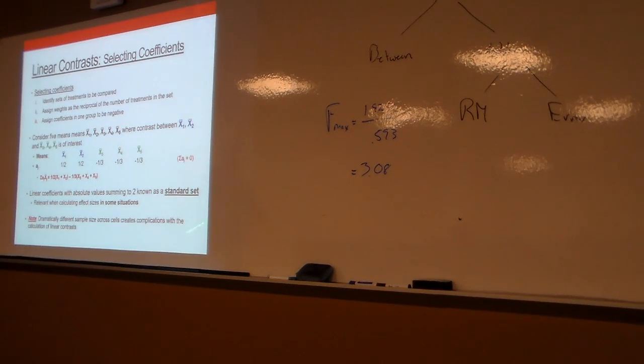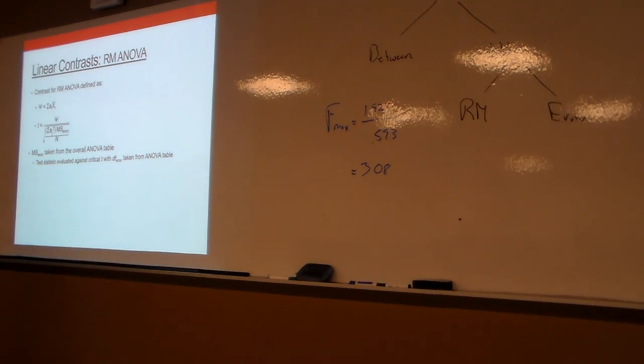In general, if we have wildly different cell sizes, this is going to compromise the calculation of our trends. But what's nice in our one-way ANOVA is that we have the same number of people in each cell, because it's a repeated measures design. It's the same people across time.